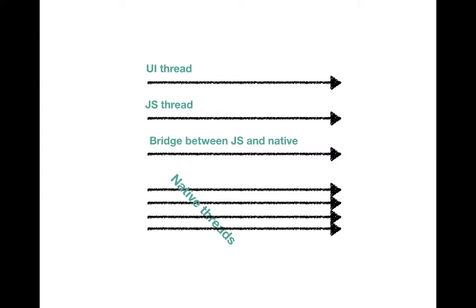Instead, we want to use as much as possible of the native device capabilities. And this bridge communicates instructions from the JavaScript thread to native modules, to native things. I don't know what it is exactly, but you can have many of them.